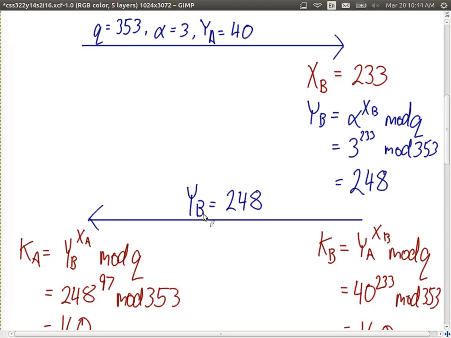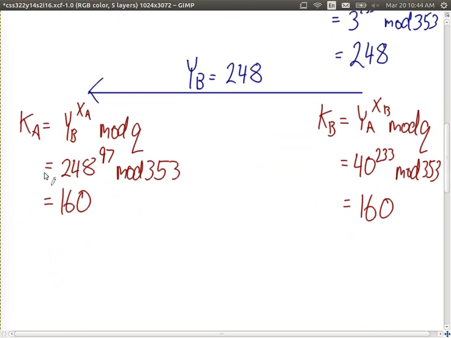And they use the same equation to then calculate K, which is the other public Y raised to the power of their private X mod Q, and we got 160, and the other user that does the same approach but using A's public Y also got 160. Why do they both get 160? Let's look at the proof of that. It's not so hard to show that they will turn out the same.